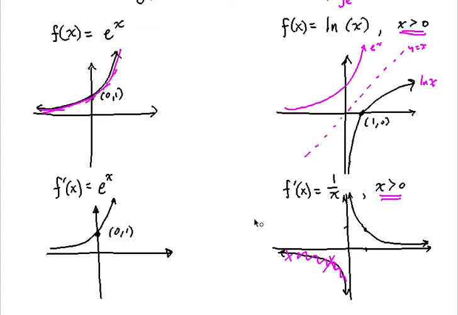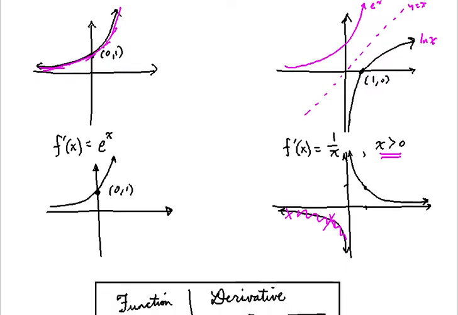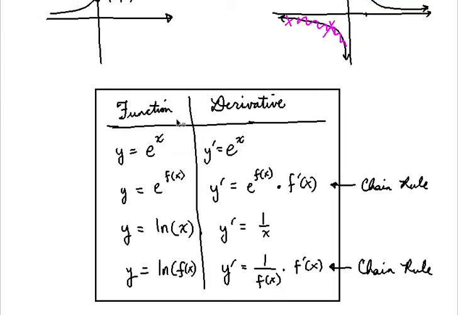So just to summarize this, if I have y equals e to the x, the derivative is e to the x. Same thing, which is really nice. It's very easy. Okay. Now, the only time this might become a little bit more complicated is if instead of x here, I end up with some function of x.